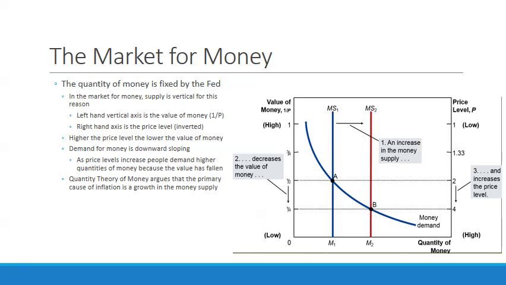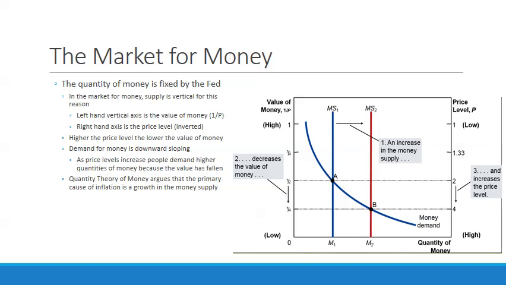Now we can pull it up here and look at it. When an increase in the money supply occurs, so when we go from money supply 1 to money supply 2, we see an increase in the supply of money, which decreases the value from 1/2 to 1/4, and increases the price level from 2 to 4. So you see what happens.